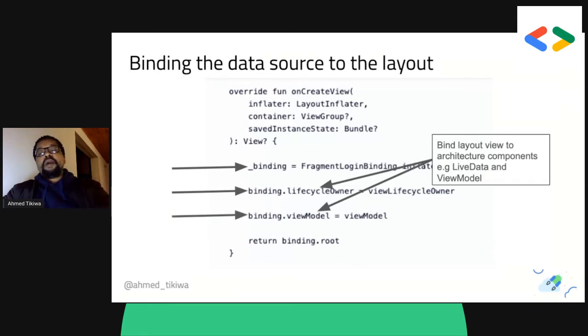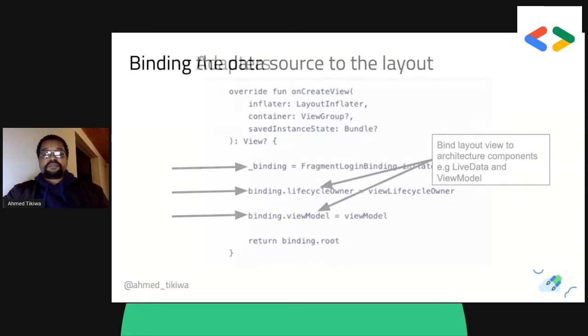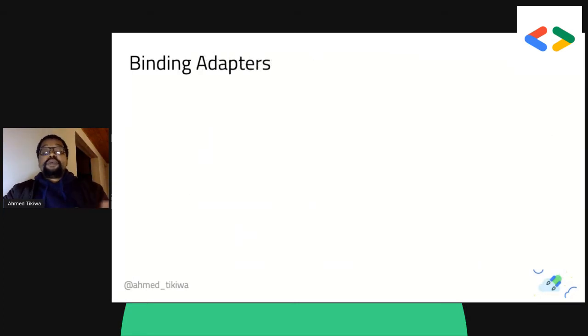And then at the bottom, I'm passing in the view model, the view model that I've defined, which I'll show you later how to create. Then assigning the view model, which is the one I showed you in the layout, to say, hey binding, the view model that I have created in this file, here's the object that you need to reference. Okay, so binding adapters.